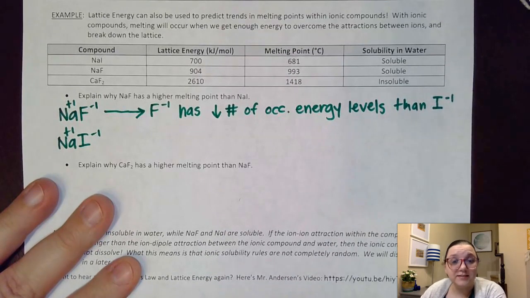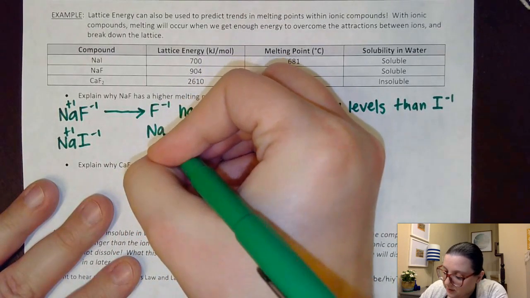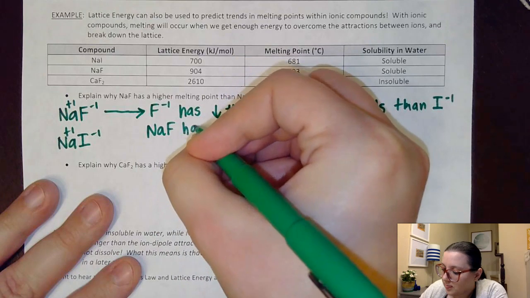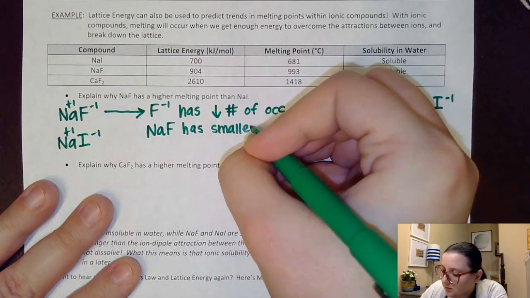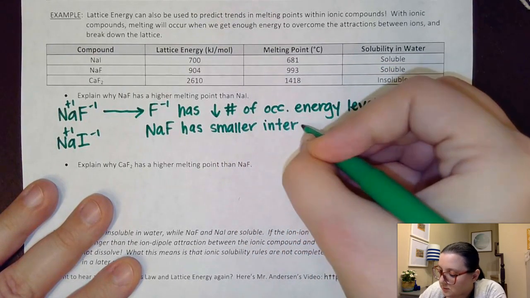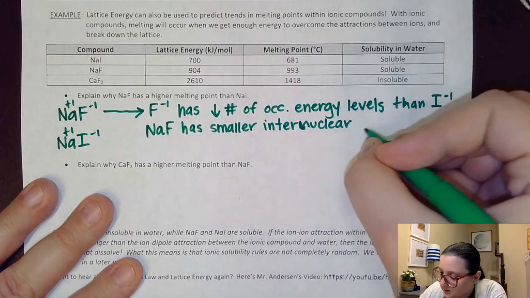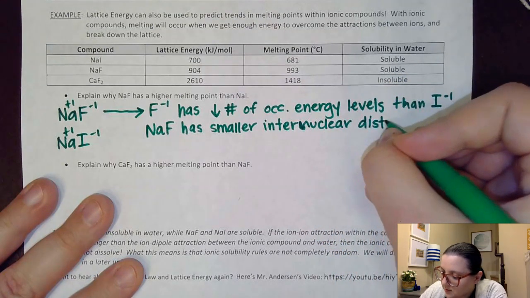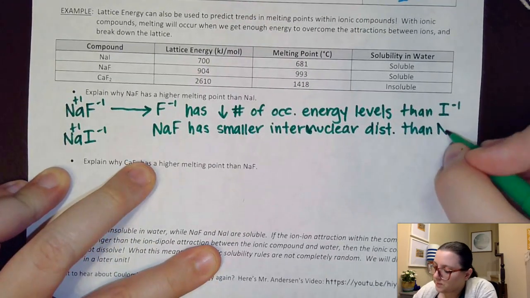And if that's the case, then NaF has a smaller internuclear distance than the NaI does.